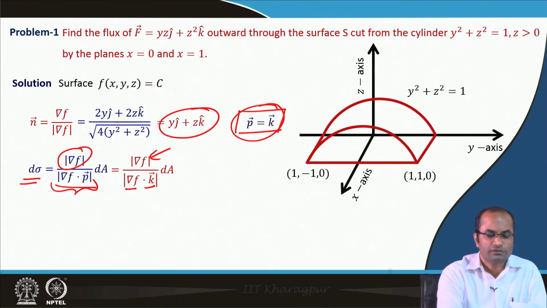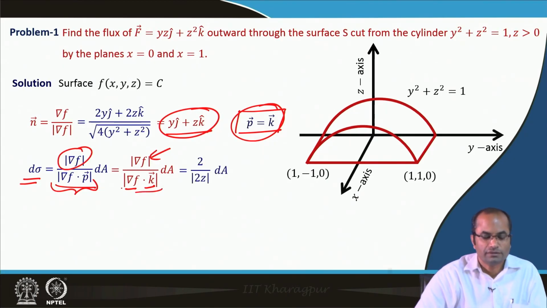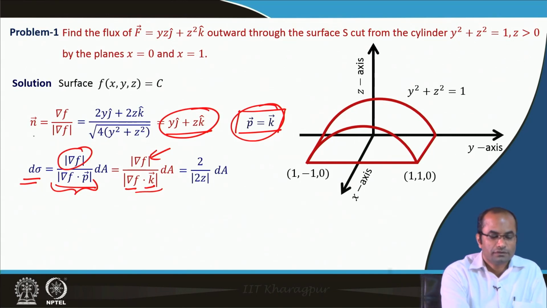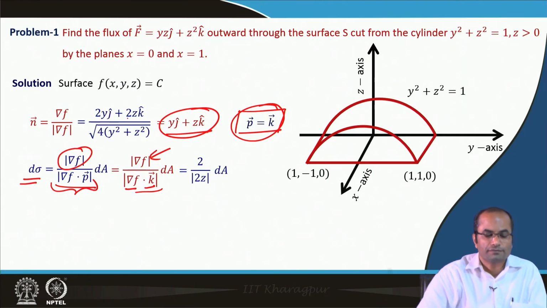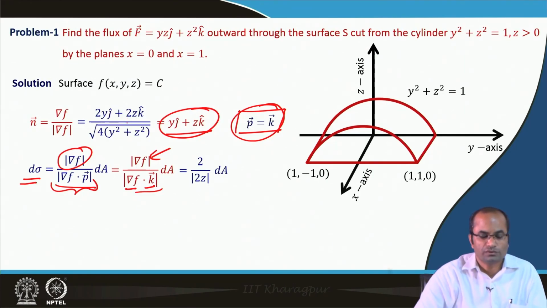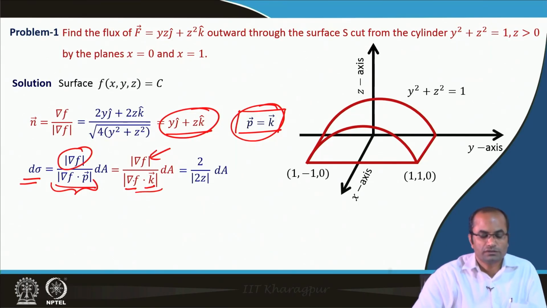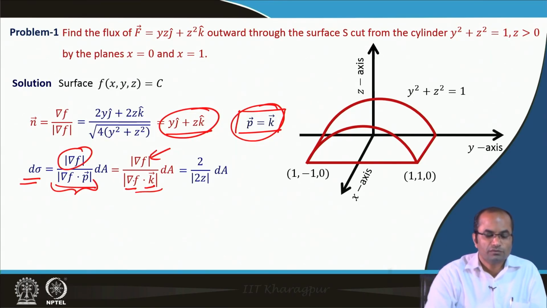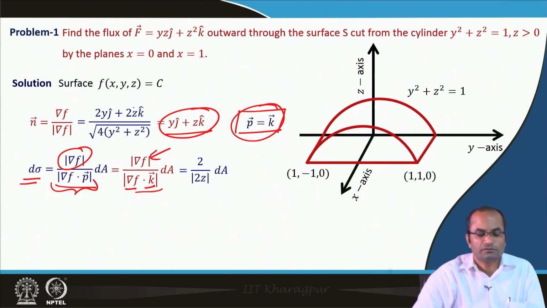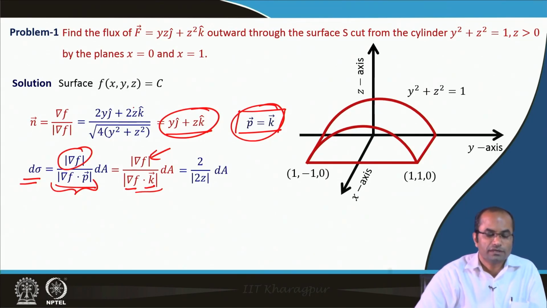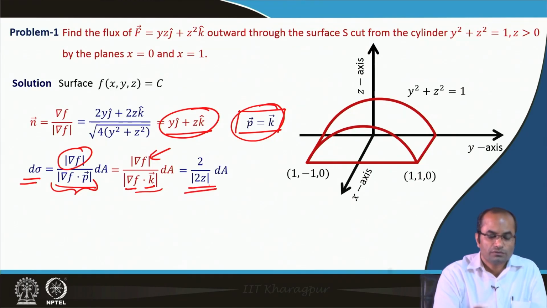So, grad f is already given, 2y j plus 2z k, and when we take the dot product with k, the second component will survive, that means the component with the k, that is 2z. So, in the denominator we are going to have 2z.